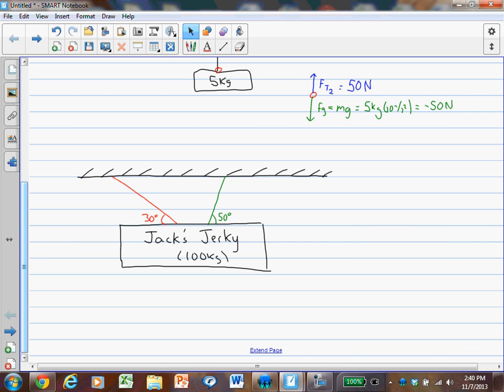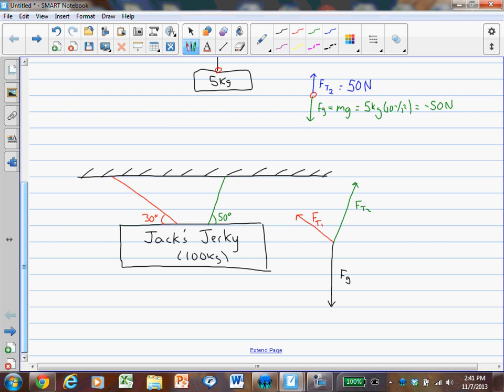Well, let's look at the free body diagram on this, okay? First off, we're going to have Fg down, and we're going to have force of tension 1, and we're going to have force of tension 2.